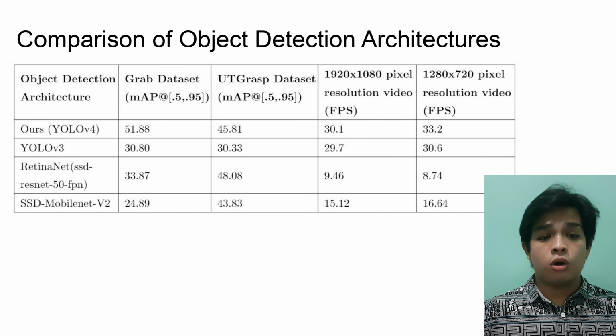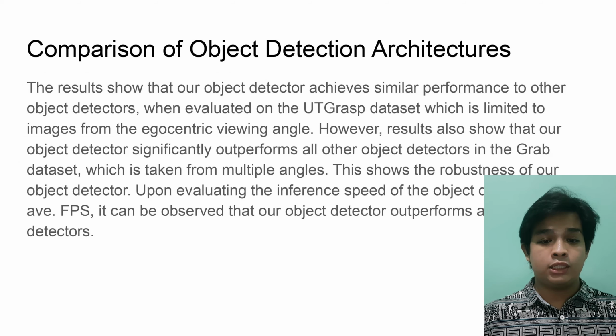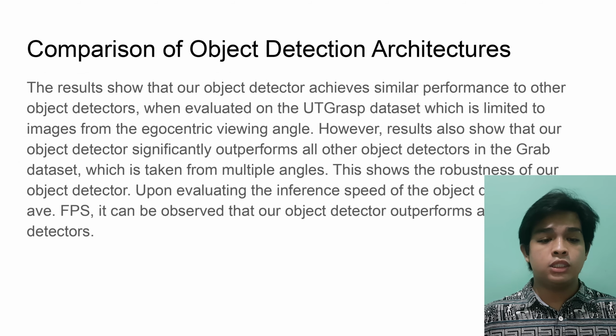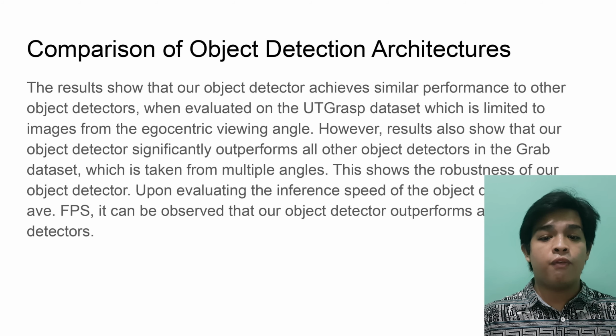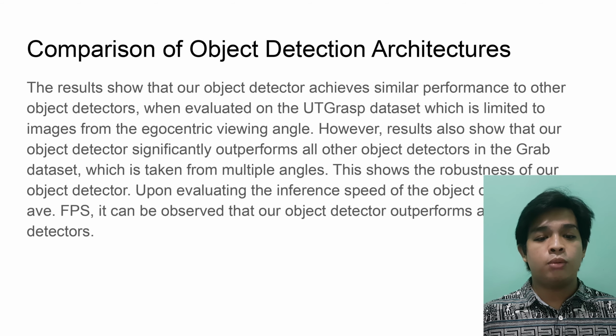However, results also show that our object detector significantly outperforms all other object detector architectures in the GRAB dataset, which is composed of images taken from multiple viewing angles. This demonstrates the robustness of our object detector to images and videos taken from different angles.